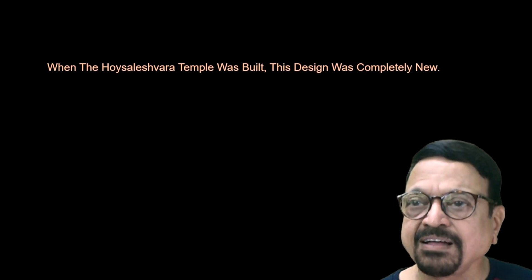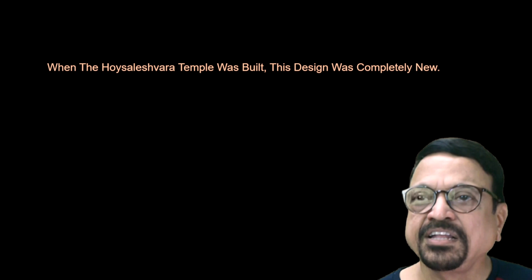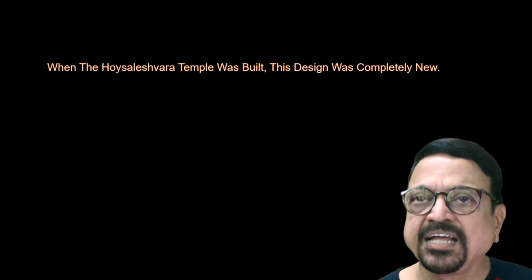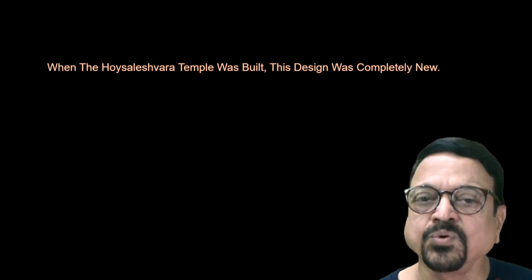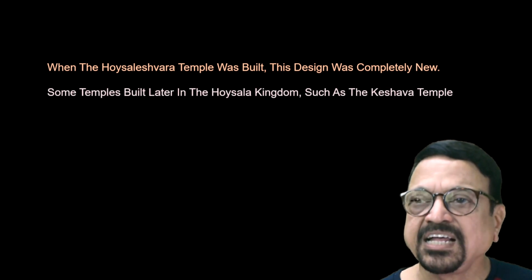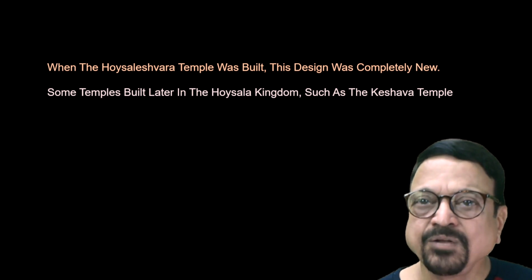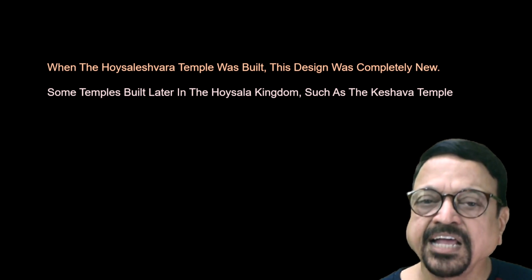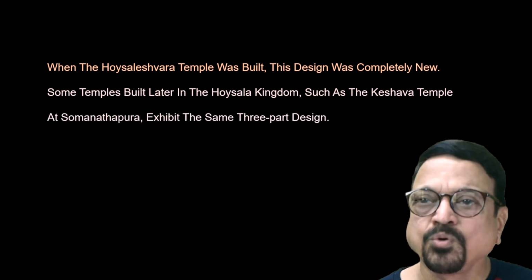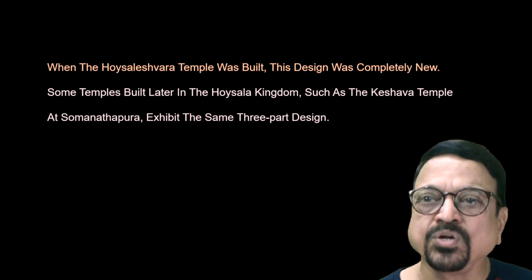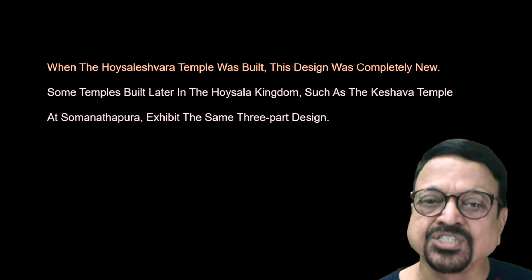Though you might find it difficult to understand this, once you see the diagrams and the photographs, it's easy to understand. When the Hoysala temple was built, this design was totally new. They were the first to introduce this. Temples built later in the Hoysala kingdom, such as the Keshava temple, Channakeshava, the handsome Keshava temple at Somanathapura, and Belur, exhibit the same three-part design, particularly that of Somanathapura.